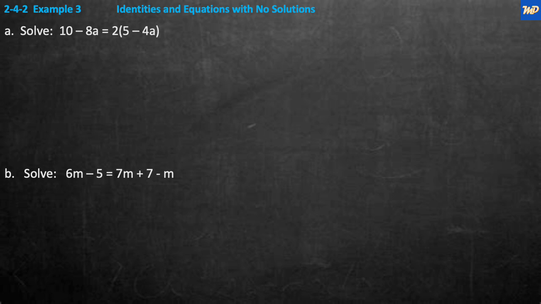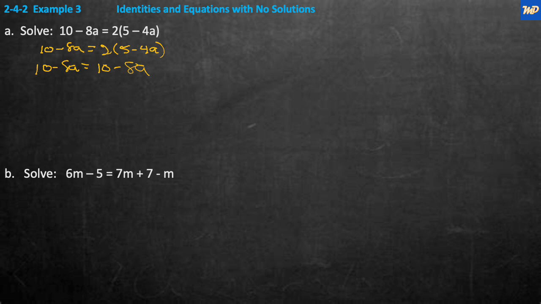So let's start with problem A. I'm going to rewrite it, as I always do. 10 minus 8a is equal to 2 times the quantity, 5 minus 4a. First thing we're going to do is distribute. We're going to multiply through by 2, and we're going to get 10 minus 8a is equal to 10, 2 times 5 is 10, minus 8a.